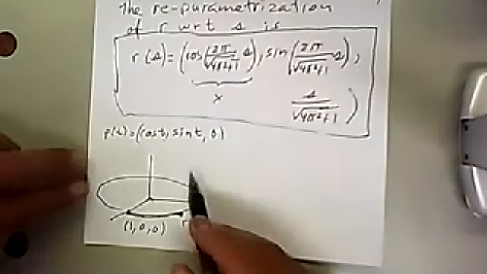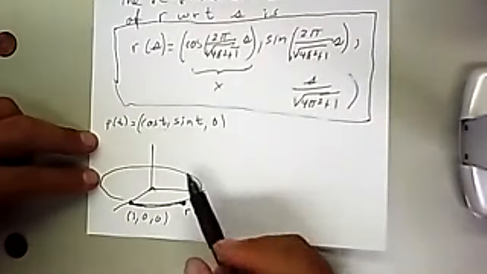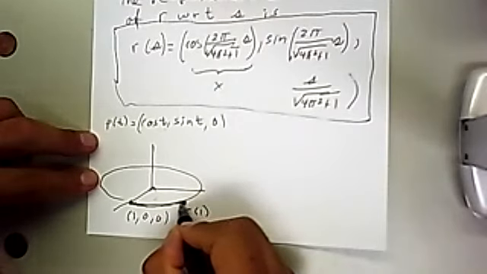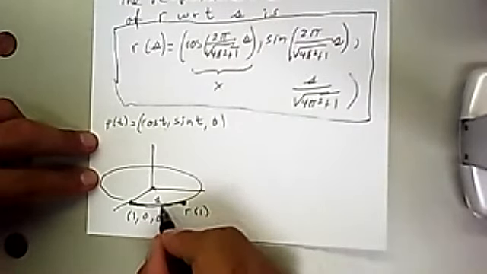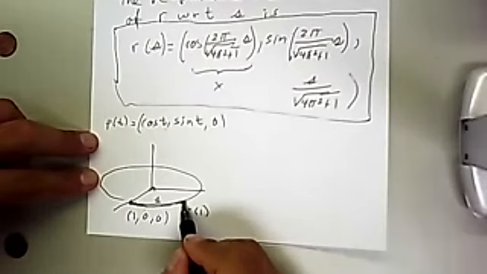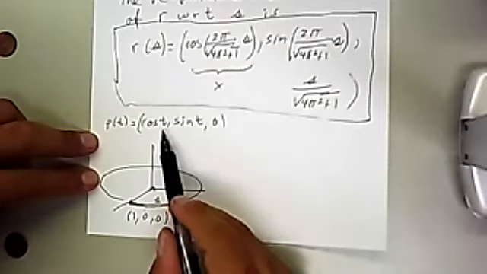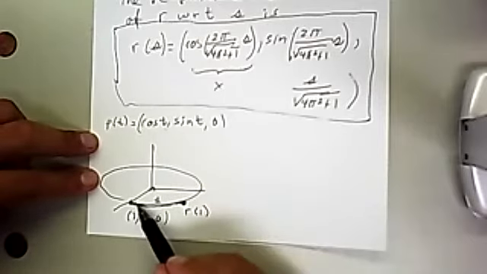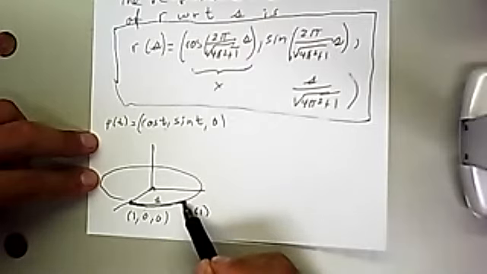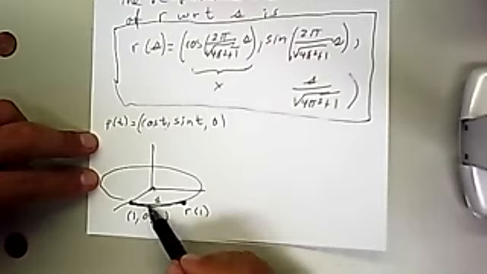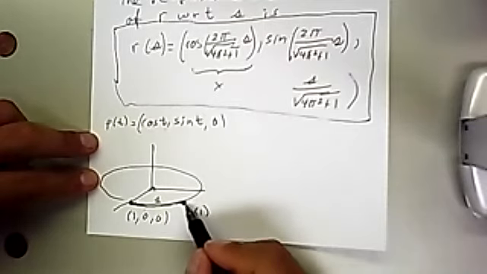What I meant to say is when this distance is 1 unit along the curve, then we're going to be exactly at this point. That is the way cosine and sine were defined, using the unit circle and using this as the input in radians. So 1 unit along the curve will take us to r of 1.